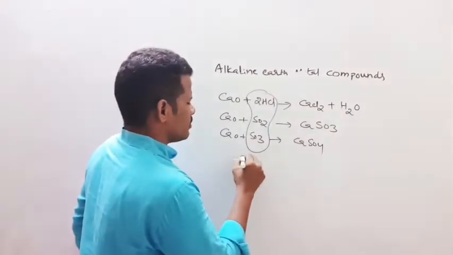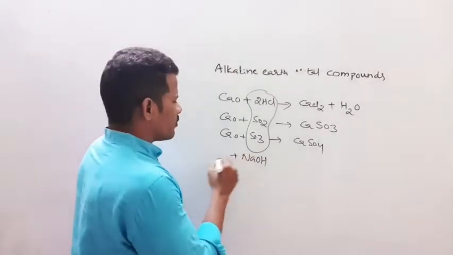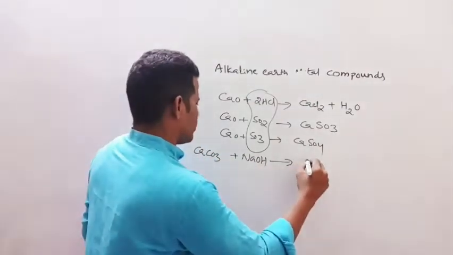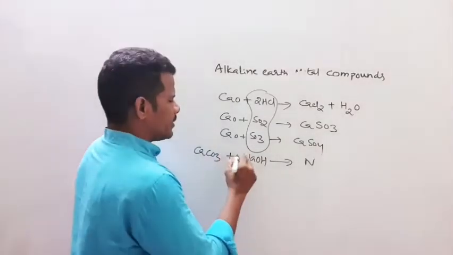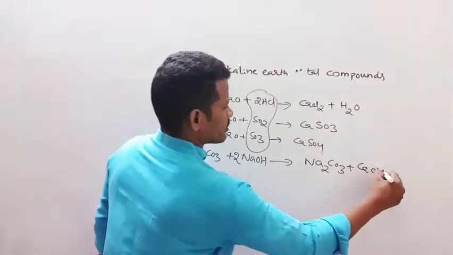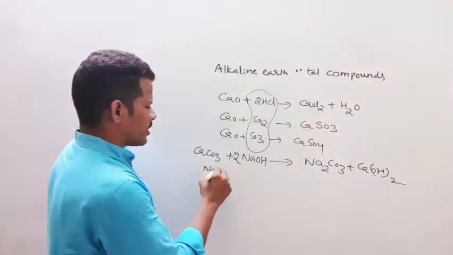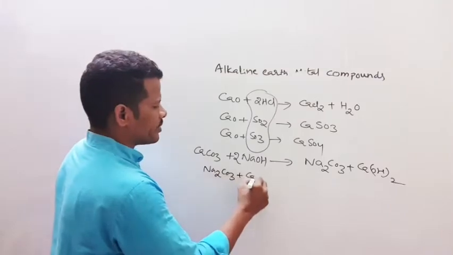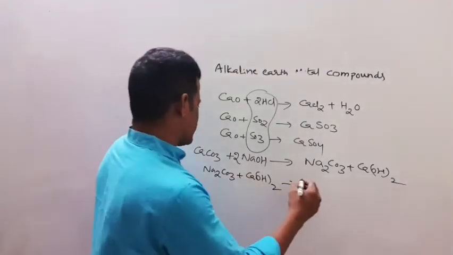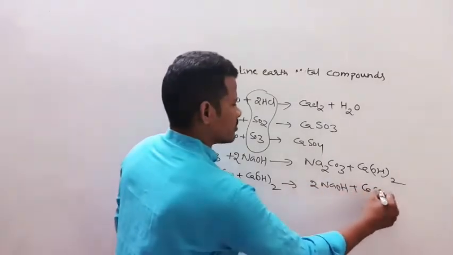For example, sodium hydroxide, caustic soda, reacts with calcium carbonate and finally forms Na2CO3 plus calcium hydroxide. Okay, so sometimes if sodium carbonate reacts with lime water, what is the product? Here the product is 2 moles of sodium hydroxide and calcium carbonate.